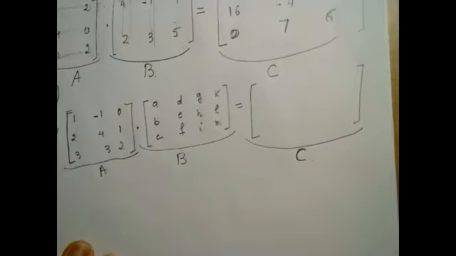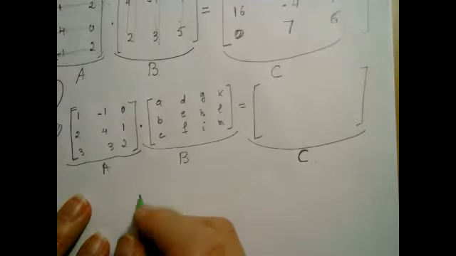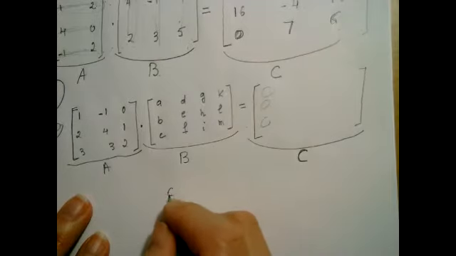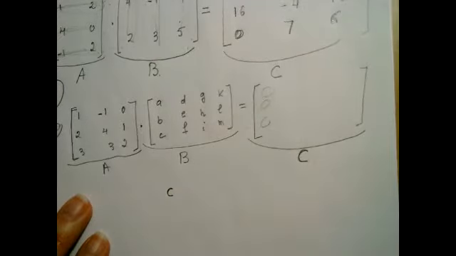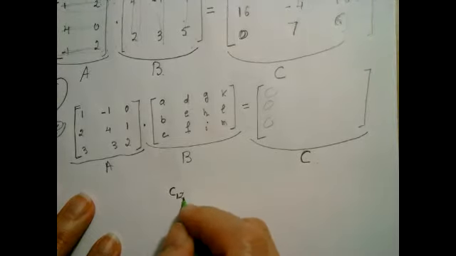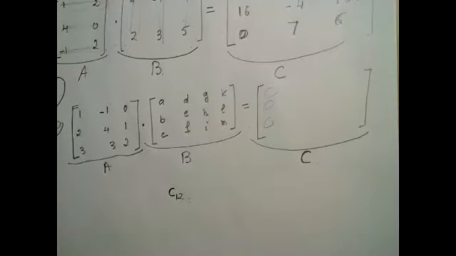Definitely, I'm not going to multiply them, but I'm going to ask you a very simple question. I want you to find the following for me. C has entries. I want you to find the term of C in the first row and the second column, because I want to find specific entries in C. I don't want to find all of C because we don't need to.